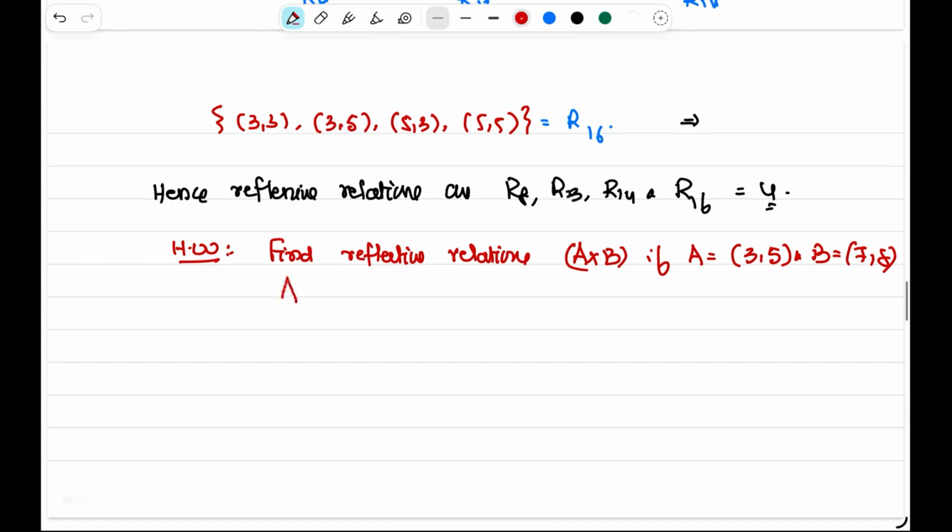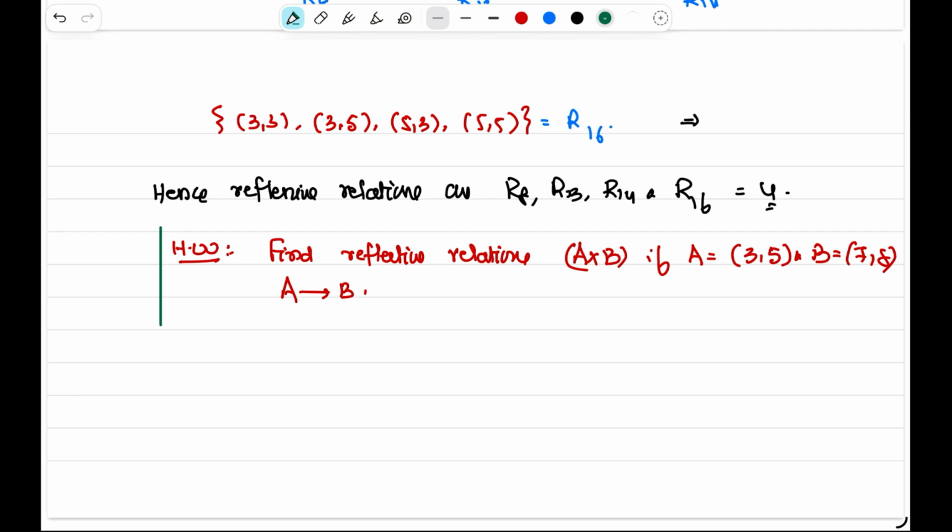Relation is from A to B. When A is equal to {3, 5} and B is equal to {3, 5}, I have done it. When A is equal to {3, 5} and B is equal to {7, 8}, try to do it.